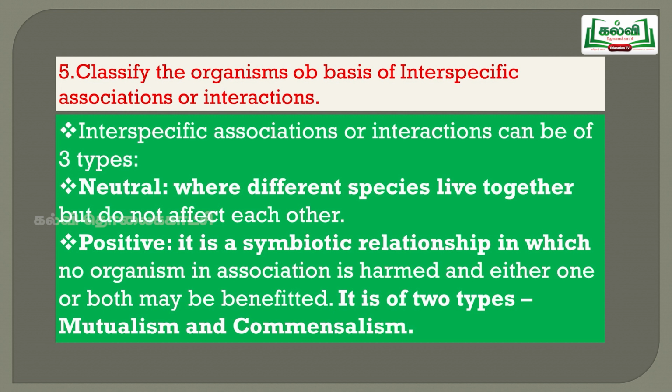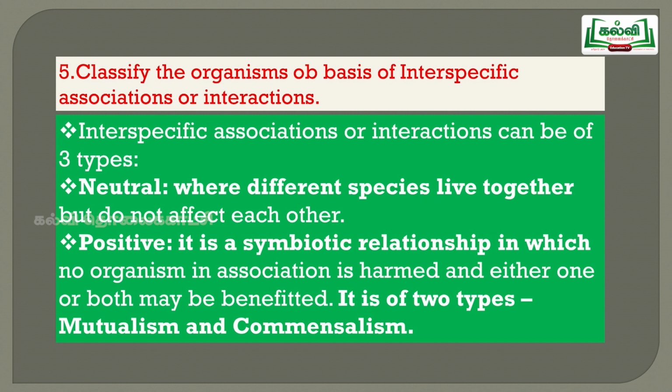Here they do not fight for food or anything. In the positive type, it is a symbiotic association or relationship between organisms where no organism is harmed, and they live in symbiosis. They are like neighbors, both are benefited where they are living.